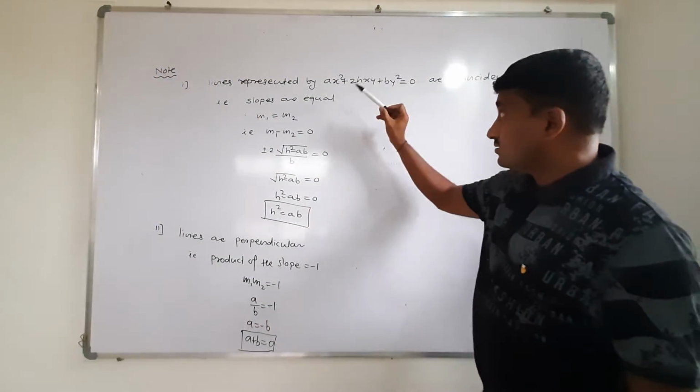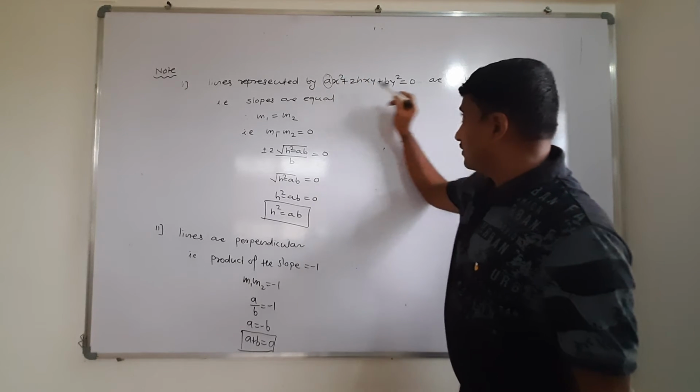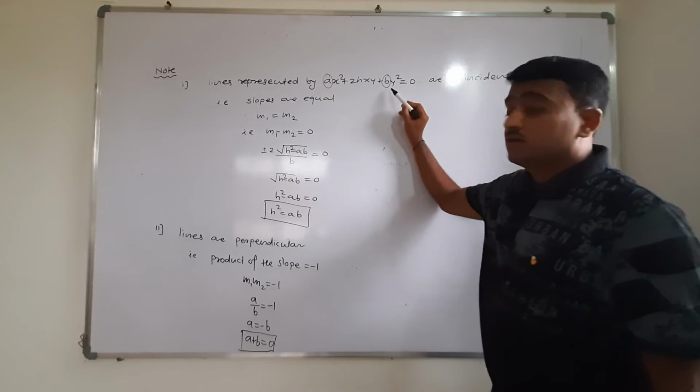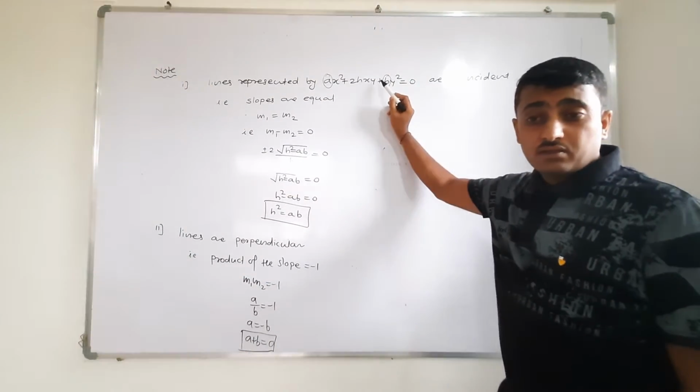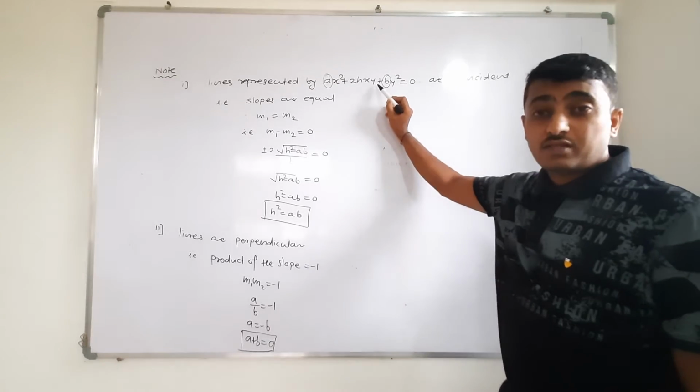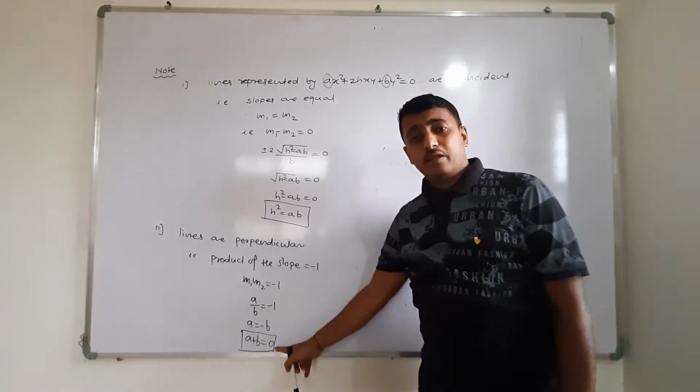That is, in this homogeneous second degree equation, if coefficient of x square plus coefficient of y square is equal to 0, then lines represented by this equation are perpendicular to each other. That is the condition. a plus b is equal to 0, lines are perpendicular.